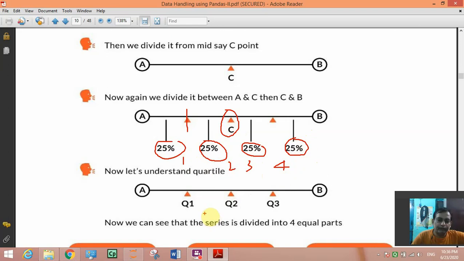So quartile 2 is nothing but what? The median of the data, where the median lies. And Q1 is the first 25%: below this range, all data will be 25% of the total data. So like that.